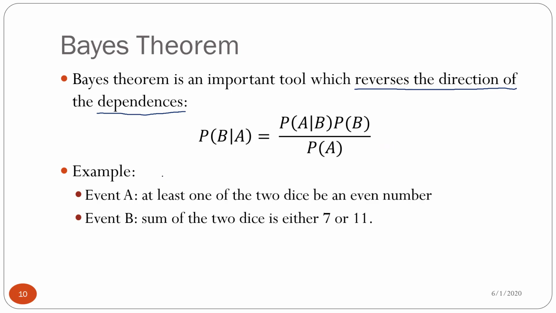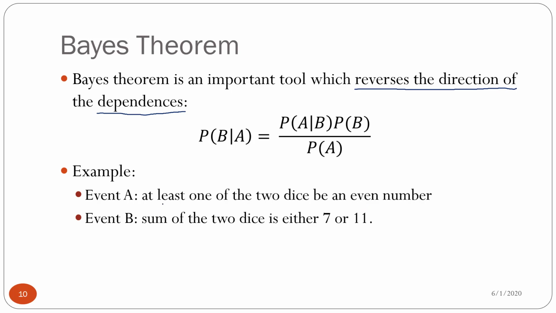But just to make it interesting and to make sure that we learn how to use Bayes' theorem, we will use these two events. Event A says that at least one of the two dice that we are throwing should have an even number on the face.